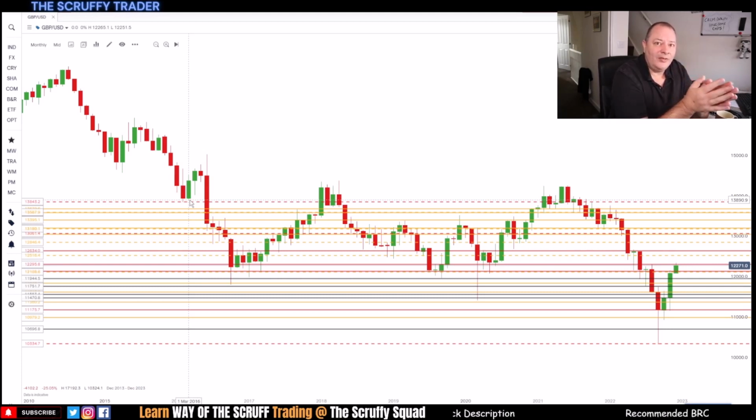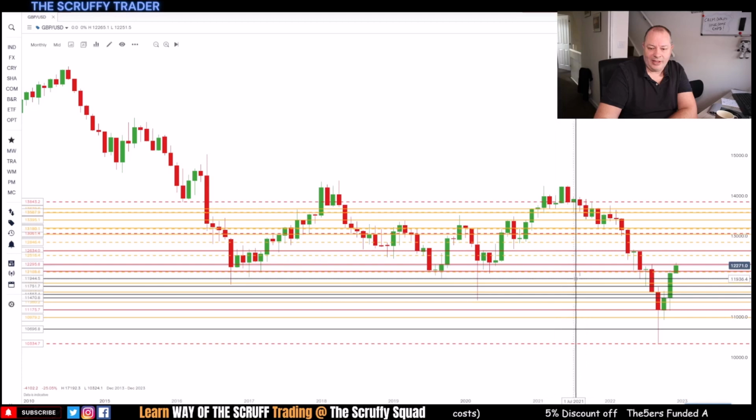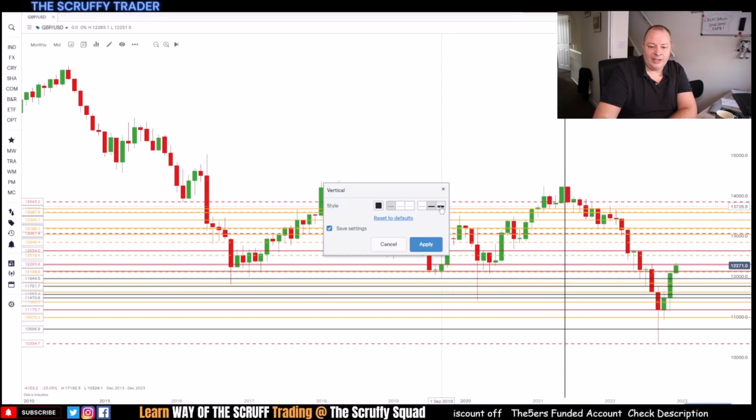Well, if you think of power of three and the way that I work things out, when I look at a monthly chart, I'm looking to break it into three sections. I know that roughly around this area, so if I just draw a thick line on here, there, just so you can see it, thicken that up.